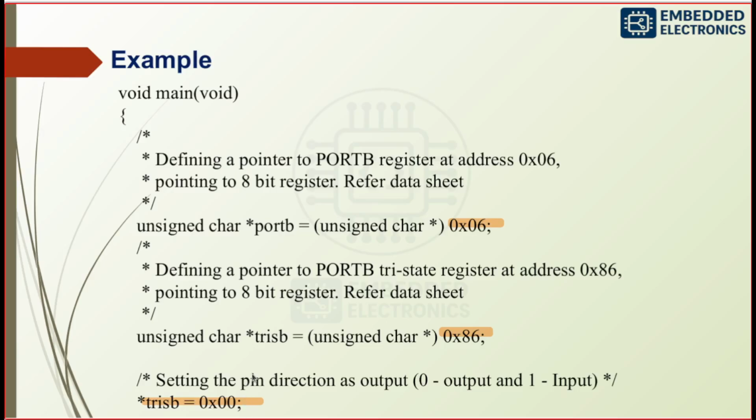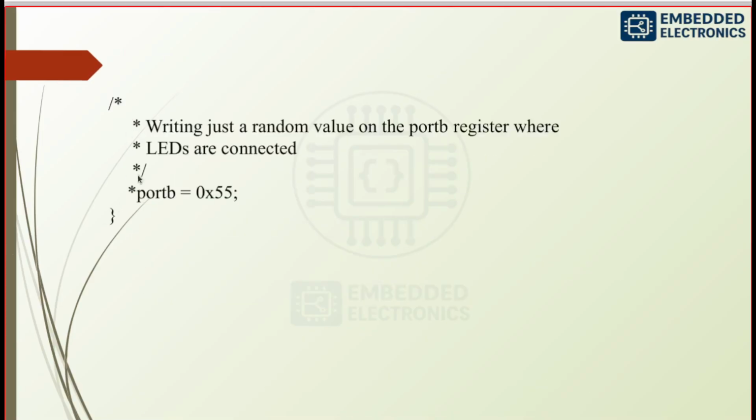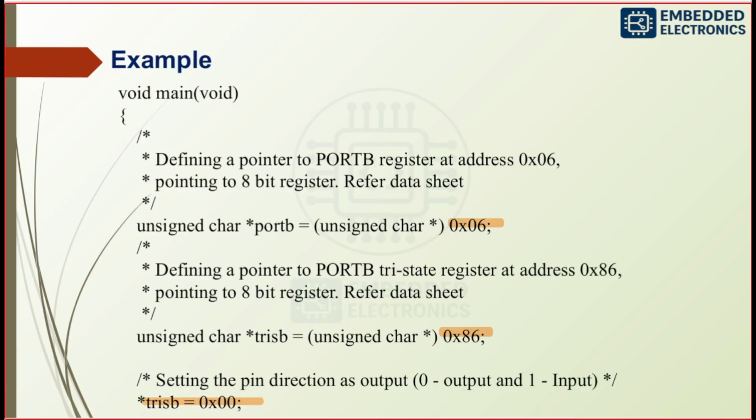We saw in the data sheet, right? And here in this case the LED turns on. So can we write like this? Yes. But here this is a simple code, right? For blinking an LED, turning on an LED.